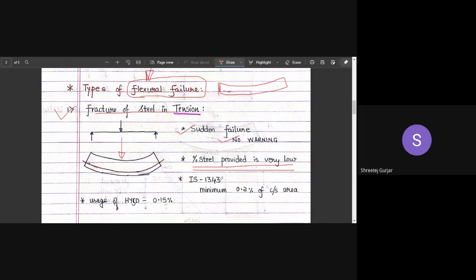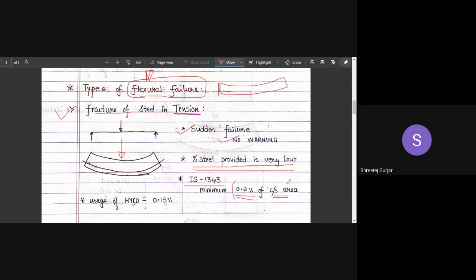IS 1343, which is the code book for pre-stressed concrete, suggests a minimum of 0.2% of steel. 0.2% of what? Of cross-sectional area, B into D. This is the minimum criteria; you have to provide this much.